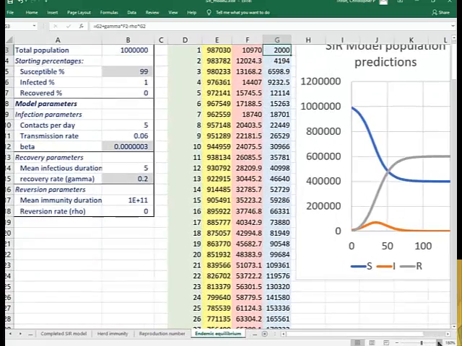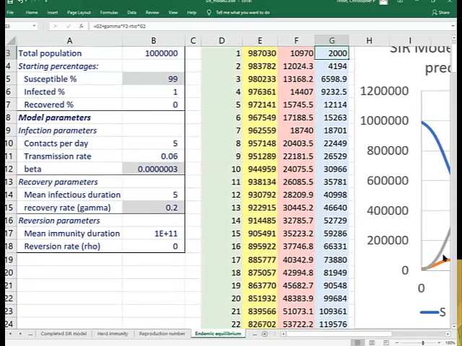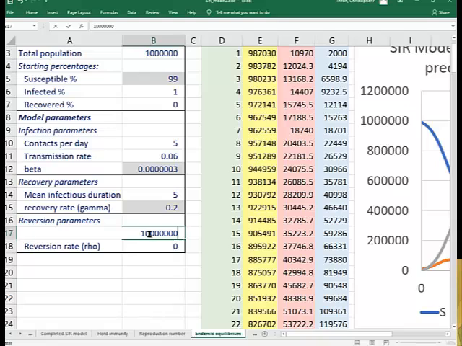All right, now I have changed this model to include the reversion rate. Here we have reversion parameters. So here's my mean immunity duration. Here I put in a very large number, 1,000,000, so something very large.